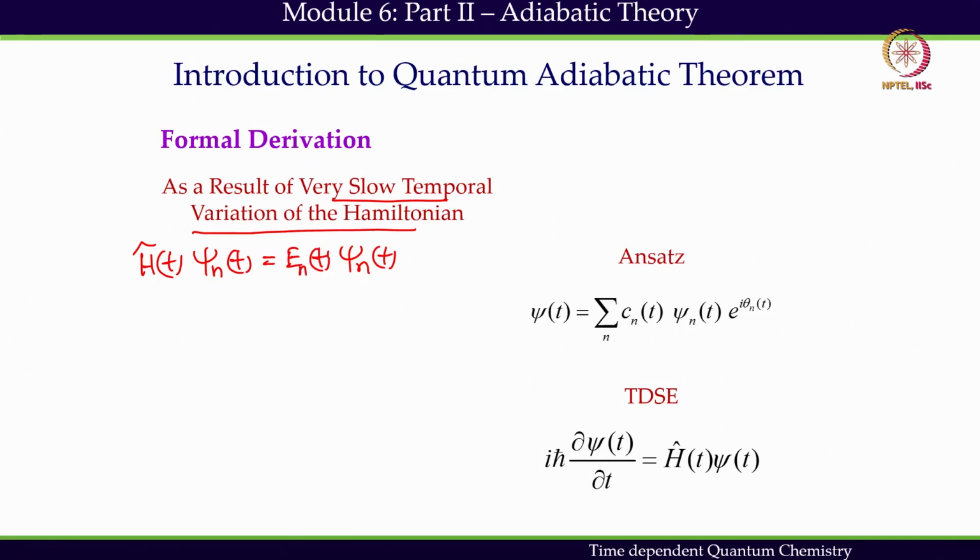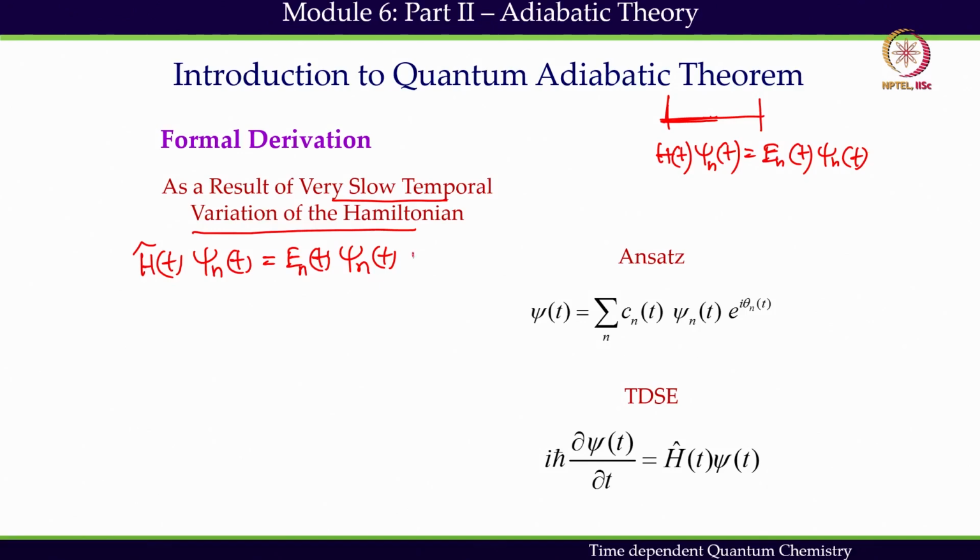This is one thing which we have already said: before the expansion the eigenvalue equation was H0 psi_n0 equals E_n0 psi_n0, and after the expansion, instead of 0 I have now t, immediately after the expansion is turned off.